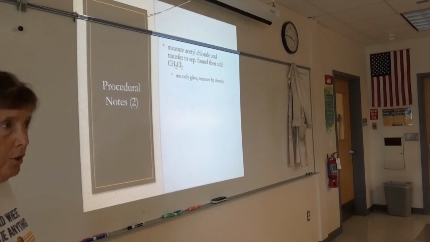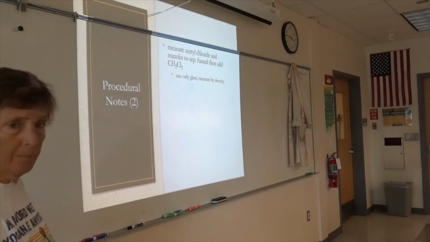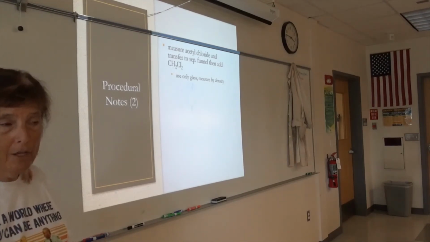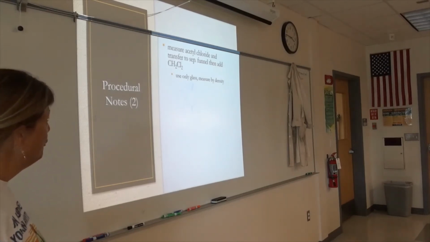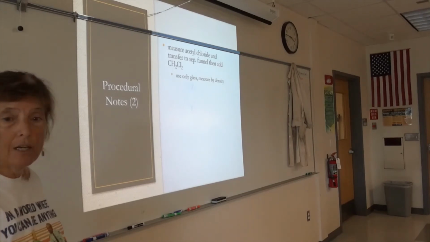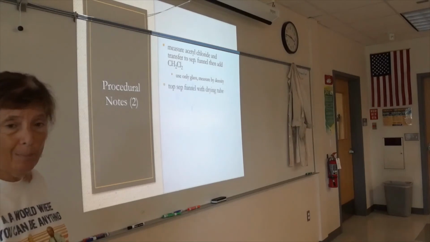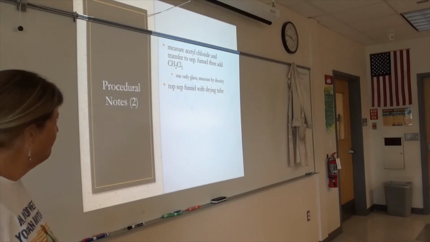Measure the acetyl chloride with glass, please, please, please, no plastic. You want to measure that by volume and then use the density to figure out exactly how much you've got. Add that to your addition funnel with some dichloromethane, and then you're going to use the separatory funnel to drip the acetyl chloride solution in slowly.